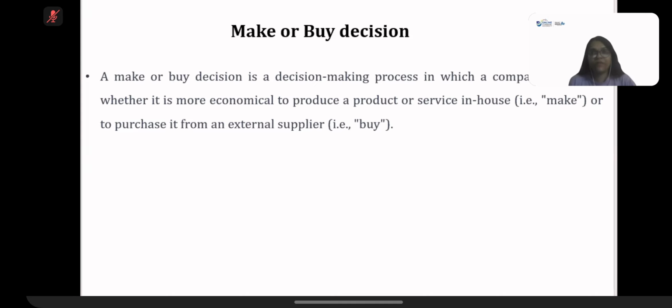So that decision which the company takes whether to produce the product in-house or buy it from external supplier is your make or buy decision. Here we determine what is the most cost-effective solution, students. Okay?